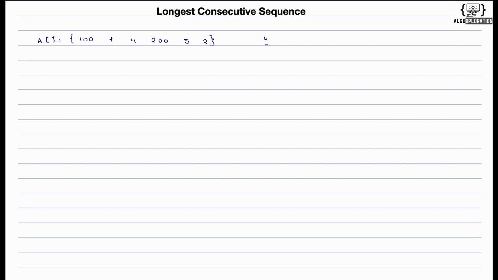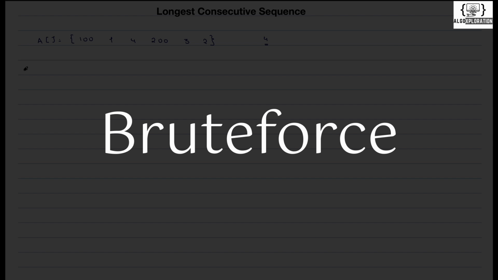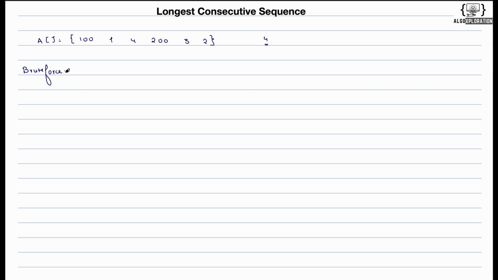As usual, approach one, the brute force. If we take the same array, first of all we can try to sort it. So it will be 1, 2, 3, 4, 100 and then 200.